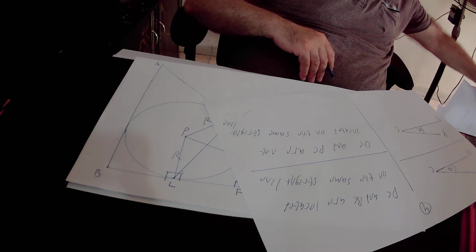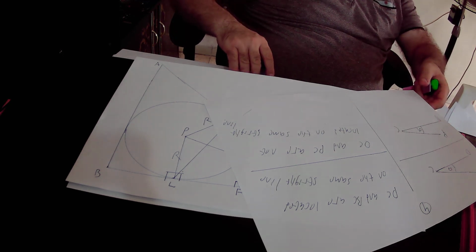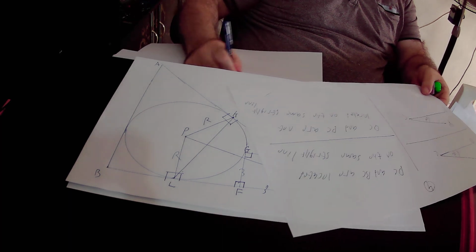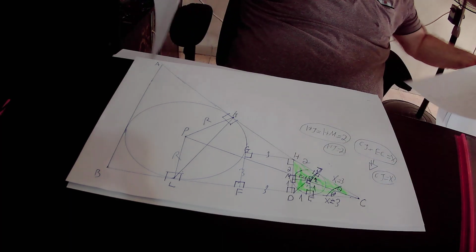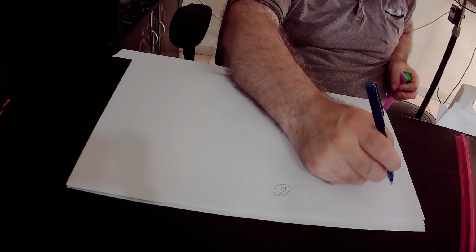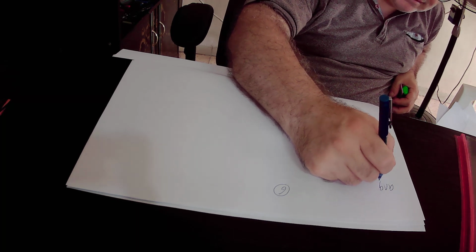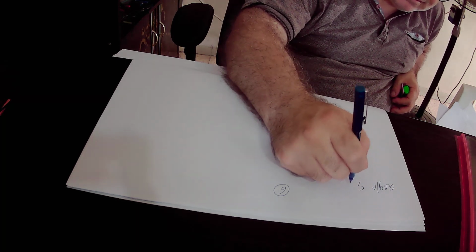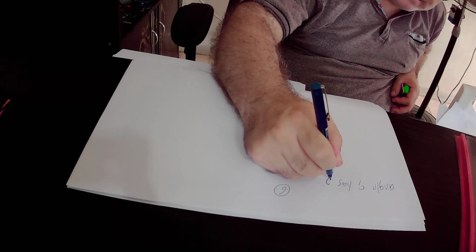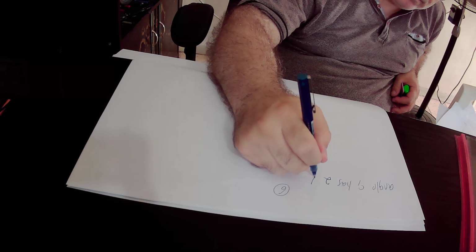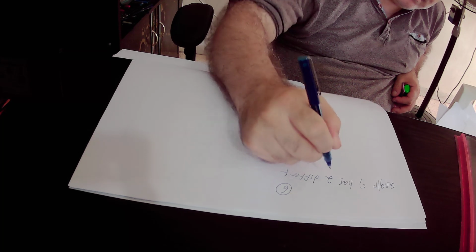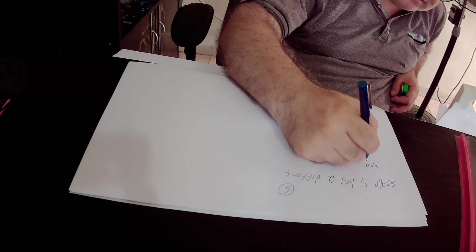So we actually found out that, according to our assumption, angle C has two different angle bisectors.